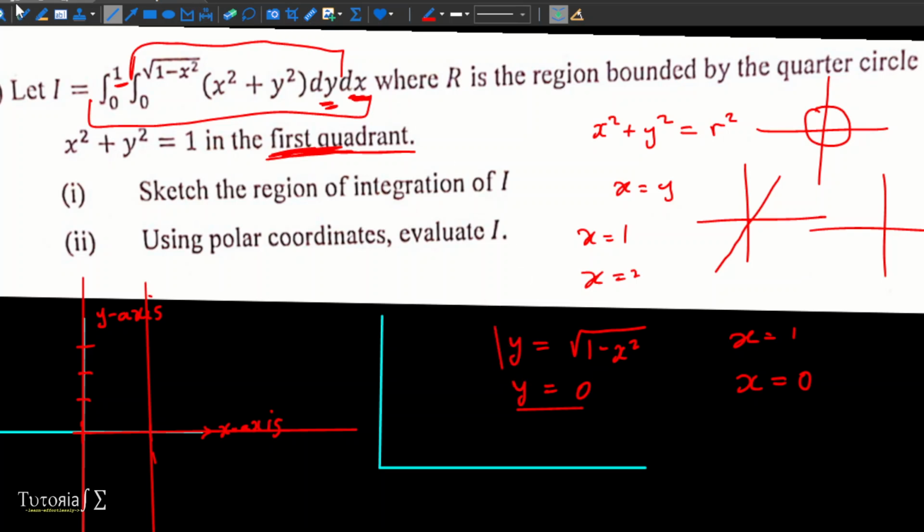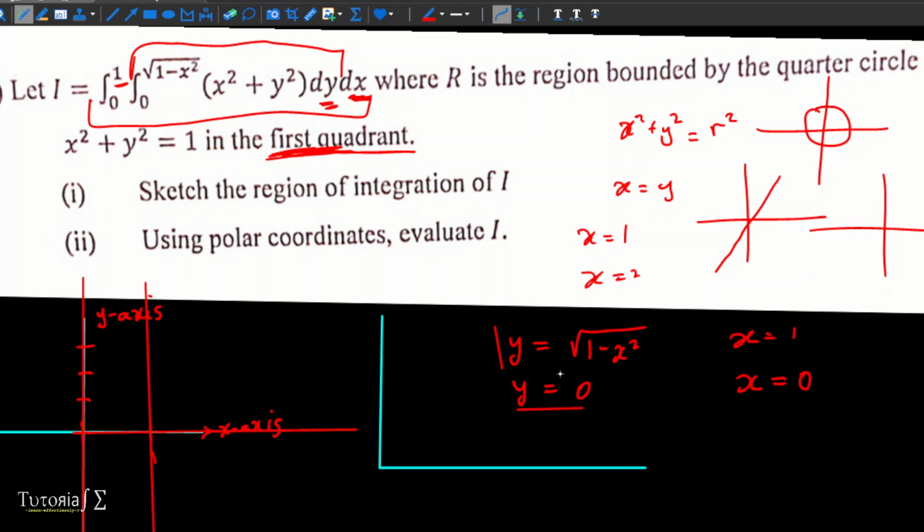So for this one, you need to simplify the equation. So let me erase this part. Okay, let me leave this circle. Okay, this is x squared plus y squared is equals to r squared.